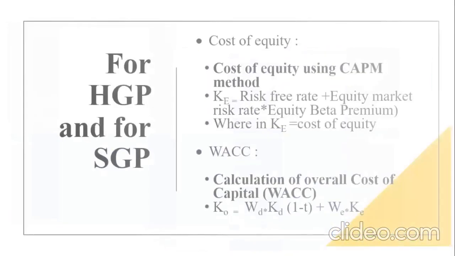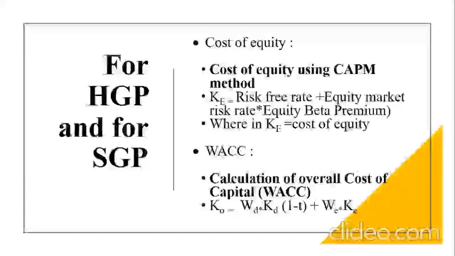While solving a problem, there will not be a mention of cost of equity. The problem will have information pertaining to the proportion of debt and equity as well as cost of debt. Hence, cost of equity has to be calculated for both the higher growth period and the stable growth period.